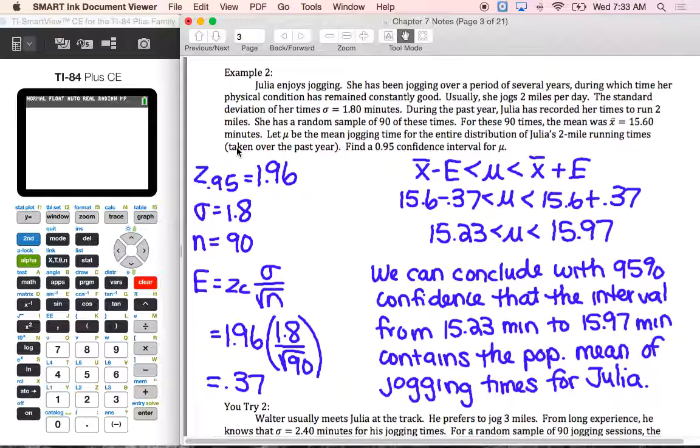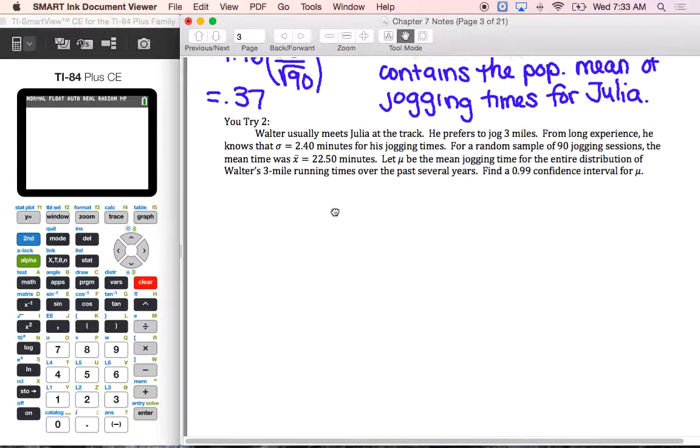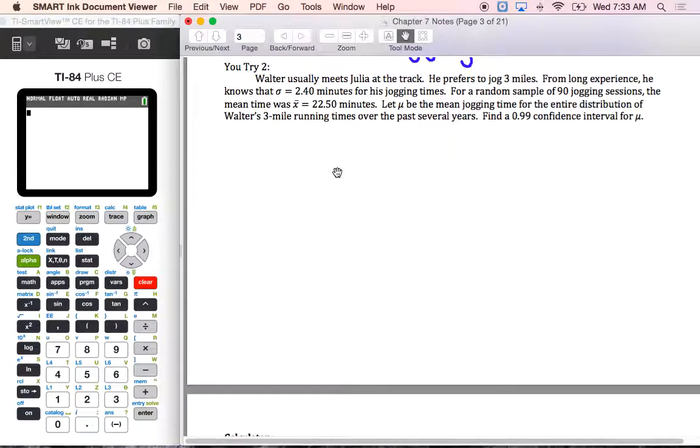Now you're going to try the second one. It's going to be very similar to what we just did. So go through, I'll read it with you, and then pause the video and see what you can do on your own. So Walter usually meets Julia at the track. He prefers to jog 3 miles. From long experience, he knows that sigma equals 2.40 minutes for his jogging times.